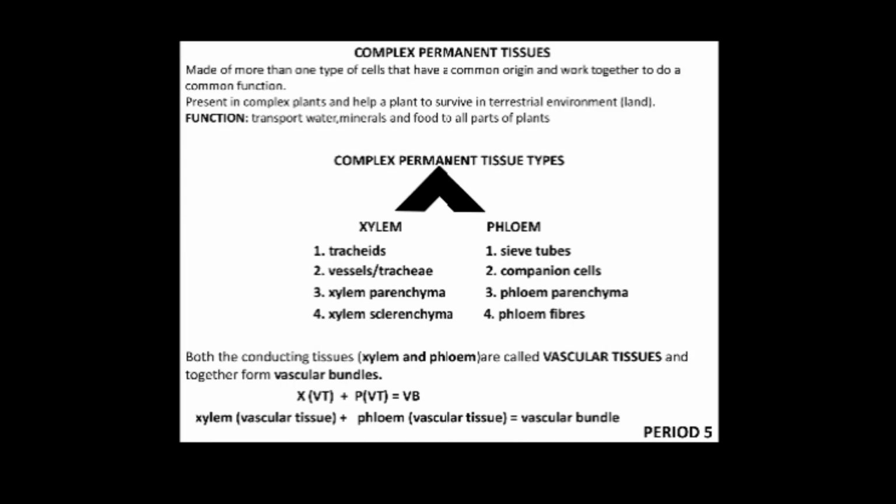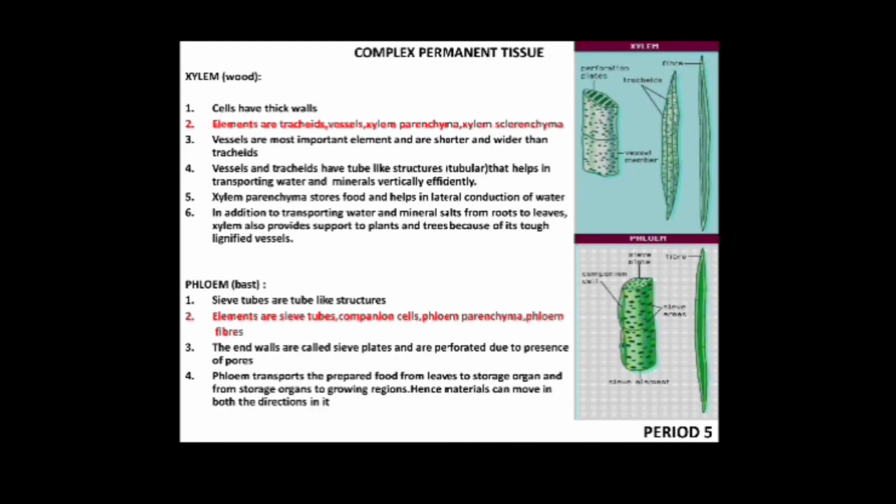The components of xylem are tracheids, vessels, xylem parenchyma and xylem sclerenchyma, whereas the components of phloem are sieve tubes, companion cells, phloem parenchyma and phloem fibers. And both the conducting tissues, that is xylem and phloem, are known as vascular tissues, and together they form the vascular bundles. So let us study them in detail.